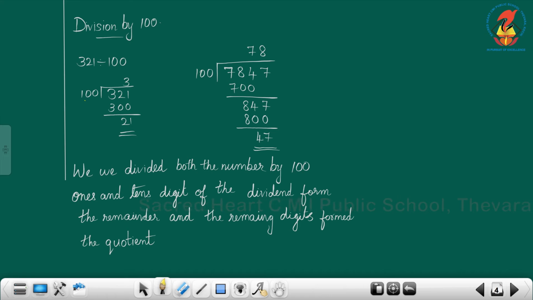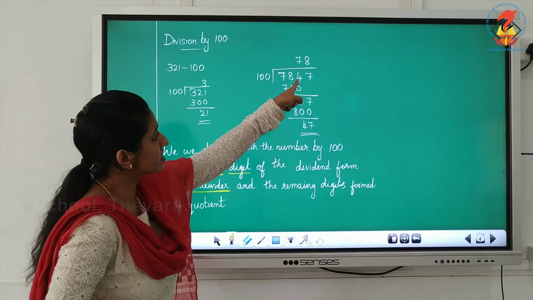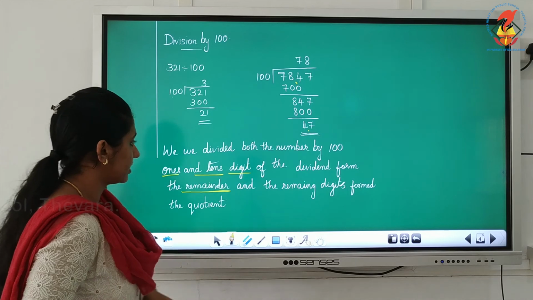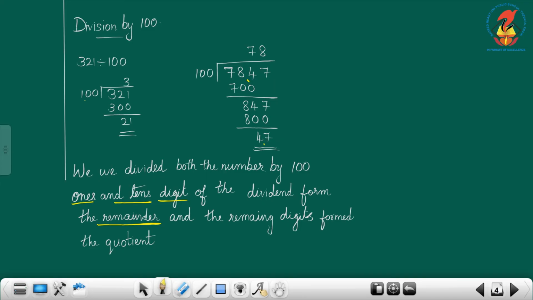Here, the ones place and tens place go to the remainder, and the balance, the remaining number, is going to what? Quotient.